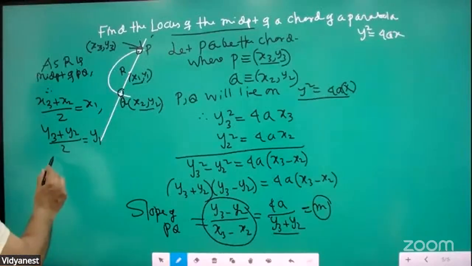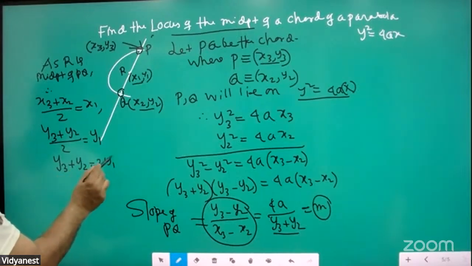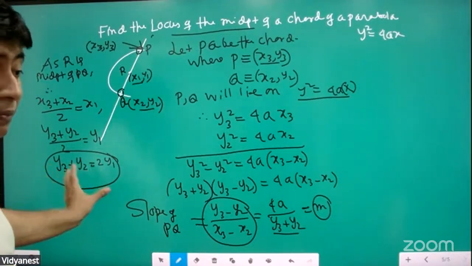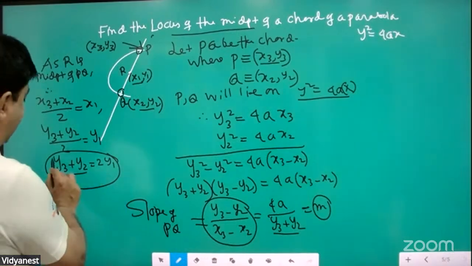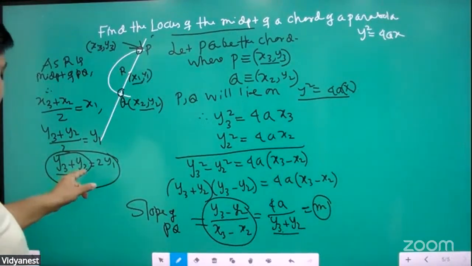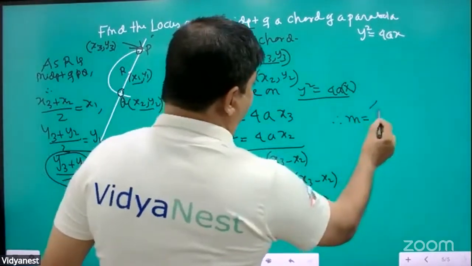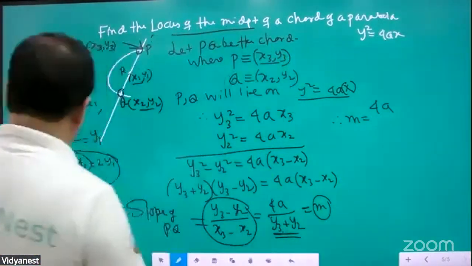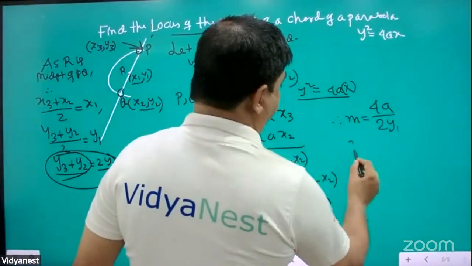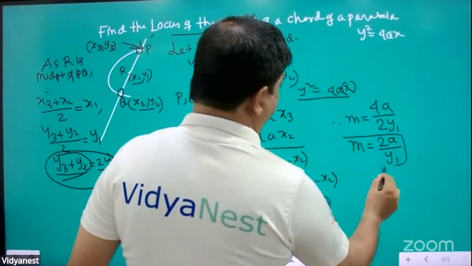So y3 plus y2 will be 2y1. You can ask me how you are benefited by this result. Yes, we are benefited. We got this term just below 4a. So instead of y3 plus y2, you can write 2y1. So 4a by 2y1, that is m.